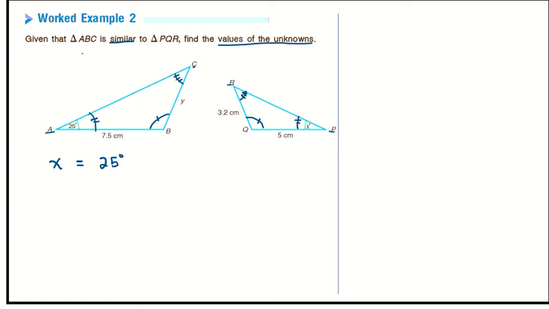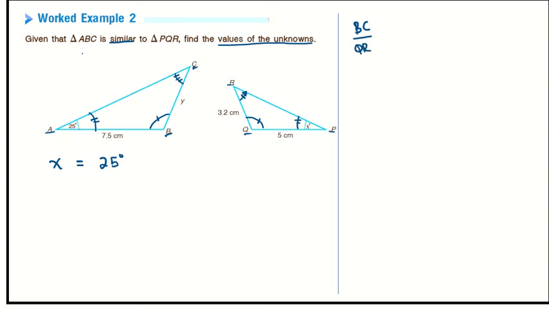Now we need to know the value of y. We will know the value of y using the ratios of corresponding sides. So we say that BC corresponds with QR.